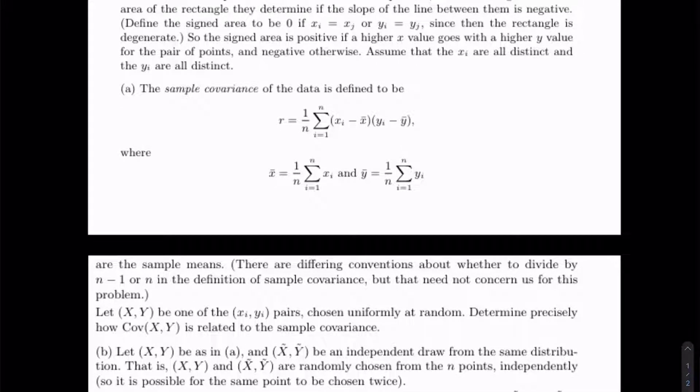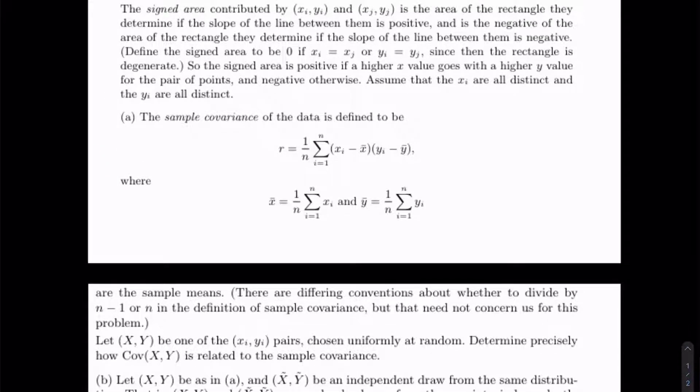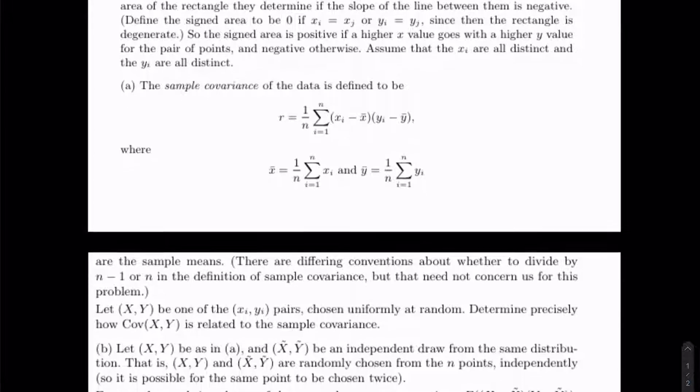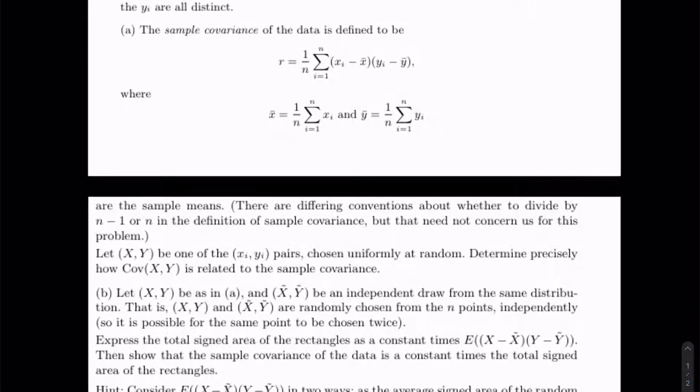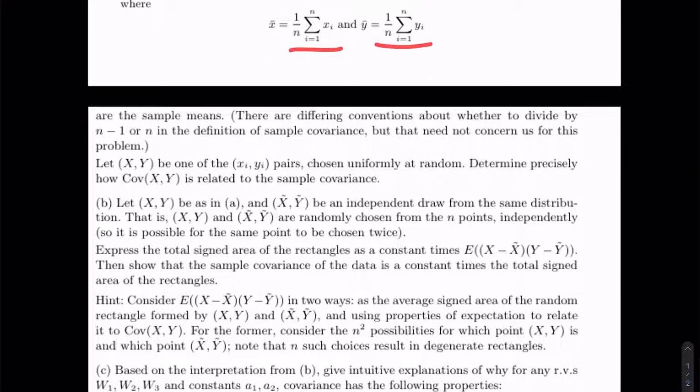Now, in the first set of subproblems, we're given to consider the sample covariance as this definition, which reminds us of the mean, which is basically the sample covariance of these 2 variables. And as we know, the sample means x bar and y bar are given by these 2 equations here.